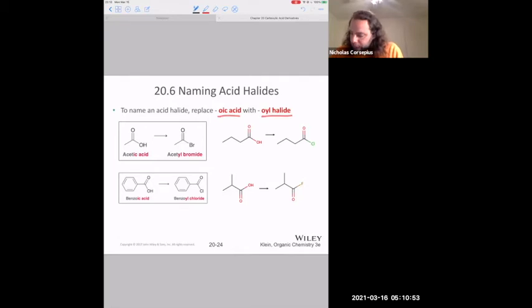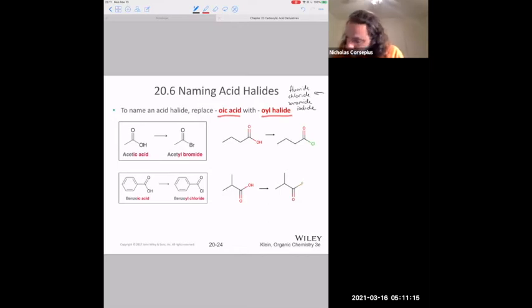And not just halide, but you're going to end with your specific halides. So fluoride, chloride, bromide, iodide. We're actually going to see that the acyl chlorides are the most common.